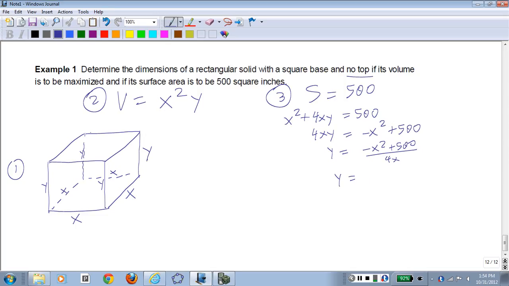And maybe I'll leave it like that for the moment. Yeah, let's leave it just like that. Take that expression and substitute that expression for y in the primary equation. So still step 3.